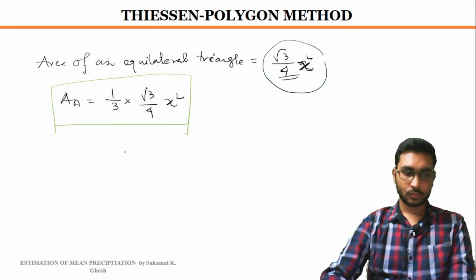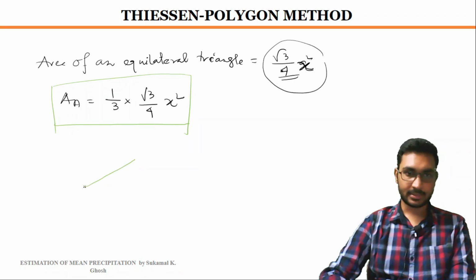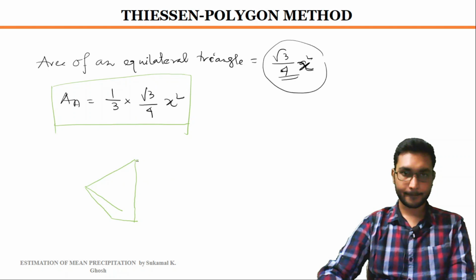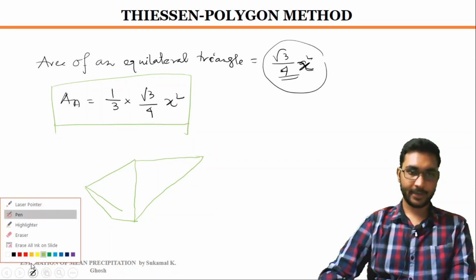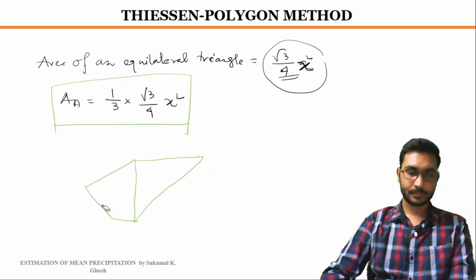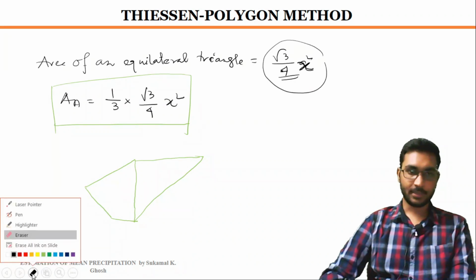So our AB was like this, so this whole area is AB.